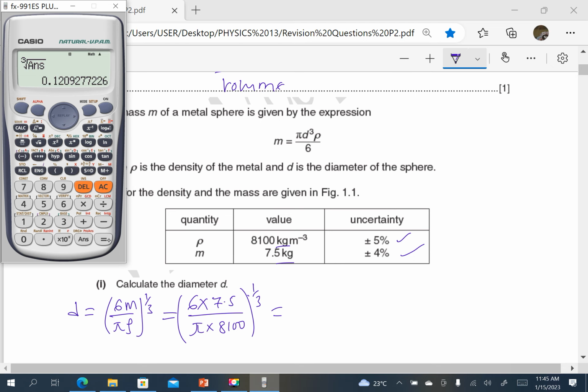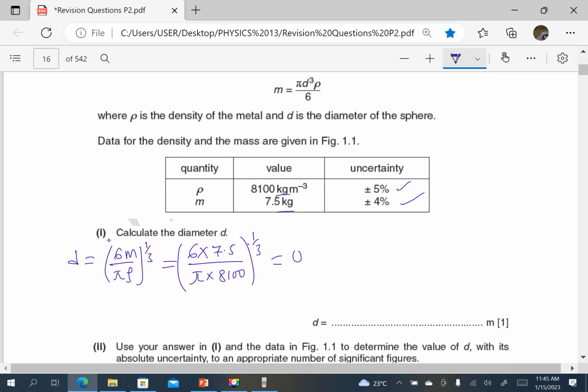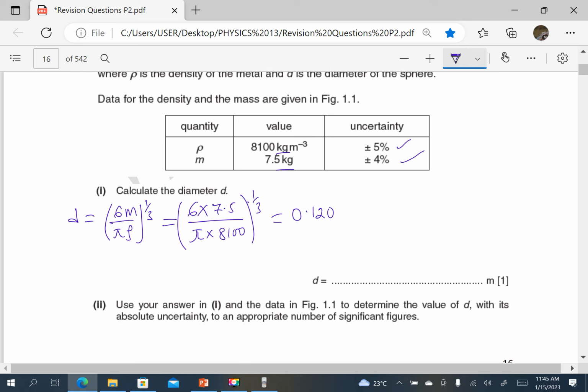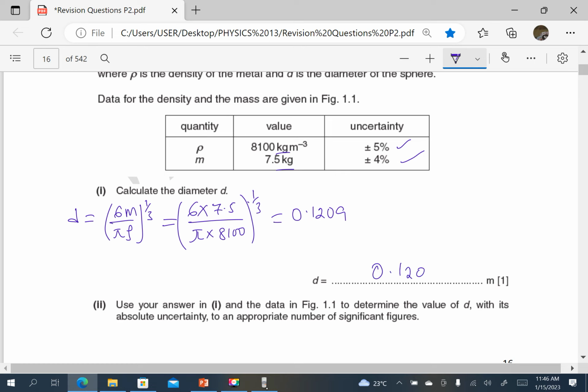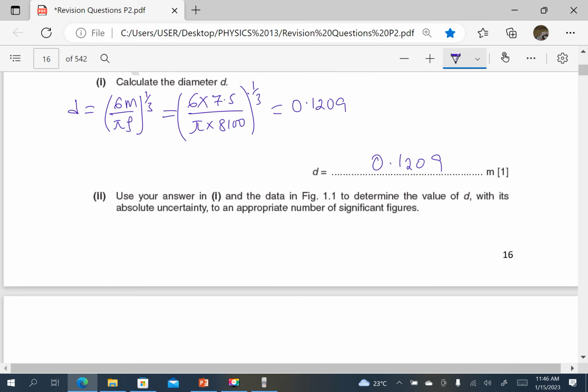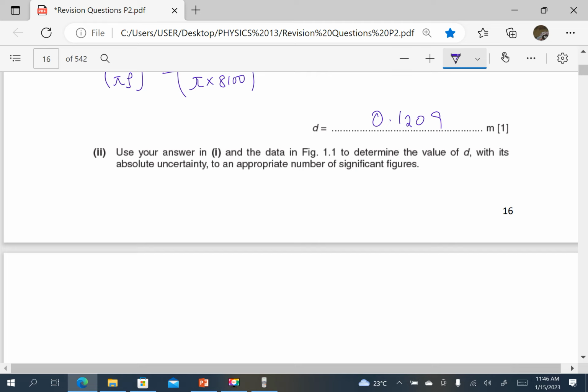So this is 0.1209. Okay, so the diameter is 0.1209.